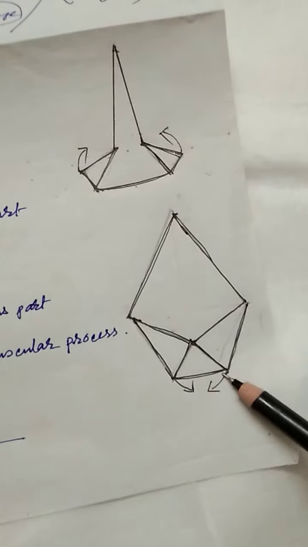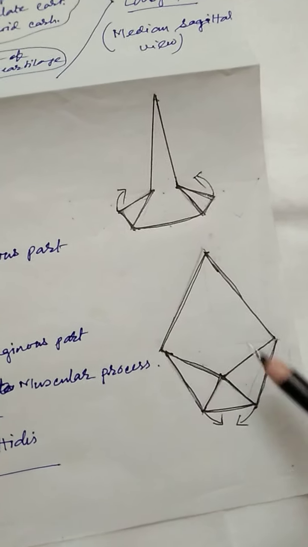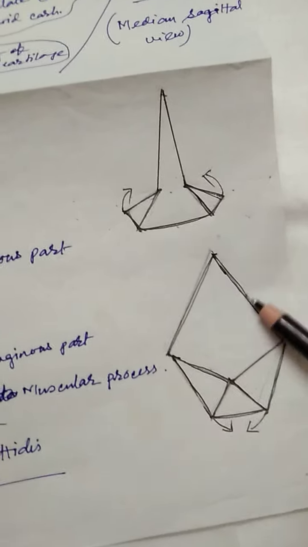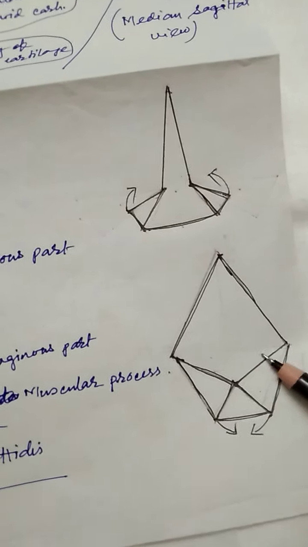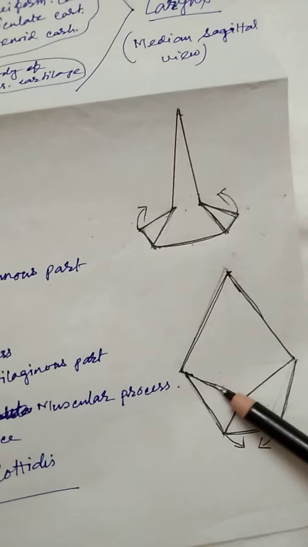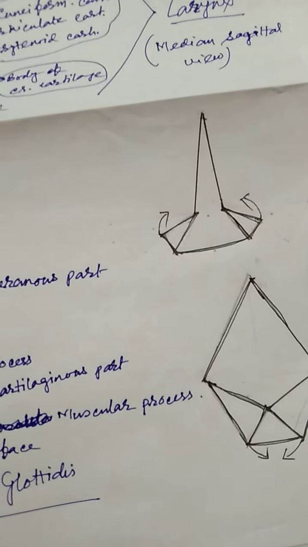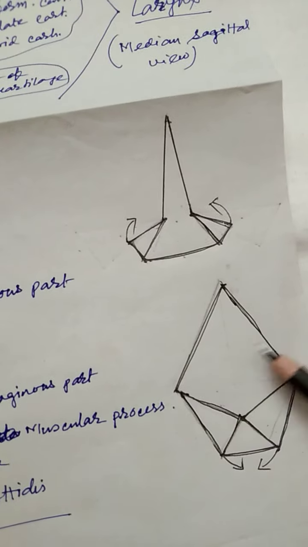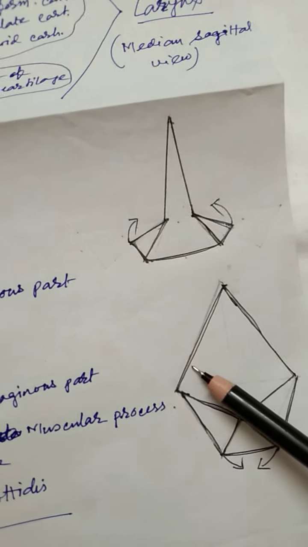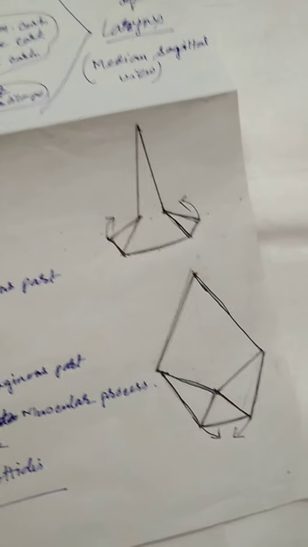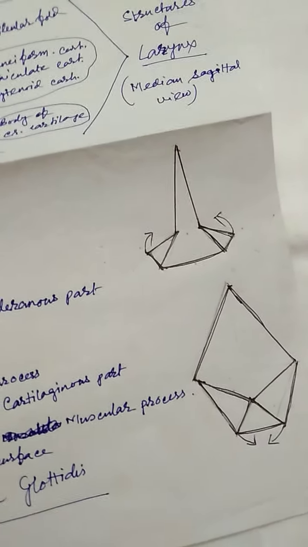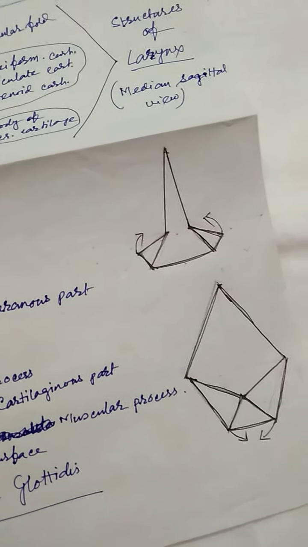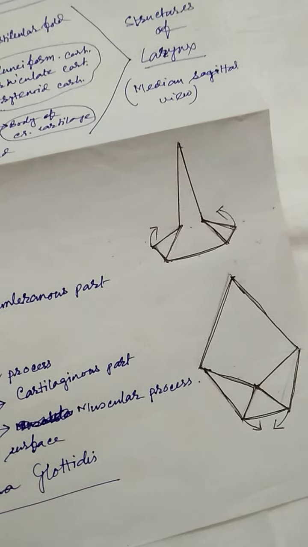What you can see here is that the total gap, the gap between the membranous parts as well as between the cartilaginous parts, is increased, so the total gap between the two vocal folds is increased. It is required for deep inspiration, you should remember. Because of this, the posterior cricoarytenoid is called the safety muscle of the larynx.